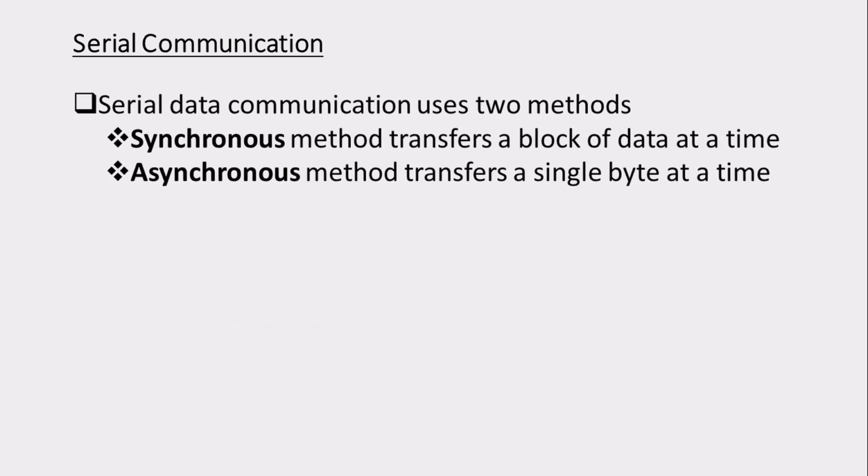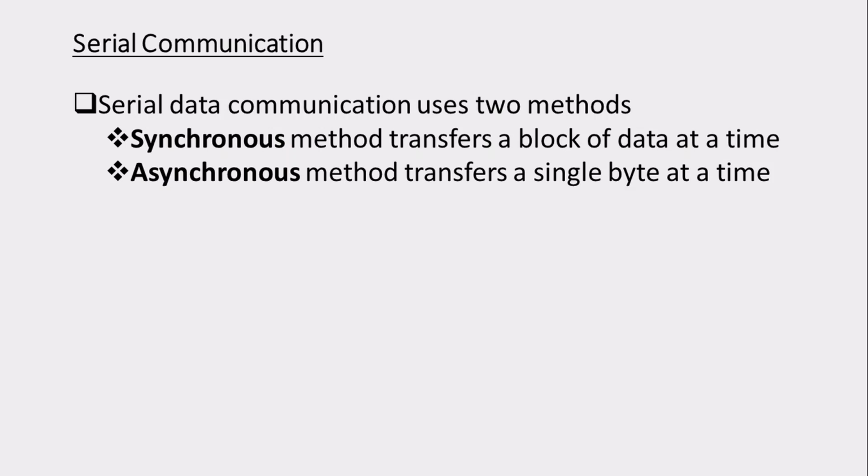Basically here we can send the data synchronously or asynchronously. In synchronous we can transfer a block of data at a time, whereas in asynchronous we can transfer a single byte at a time.